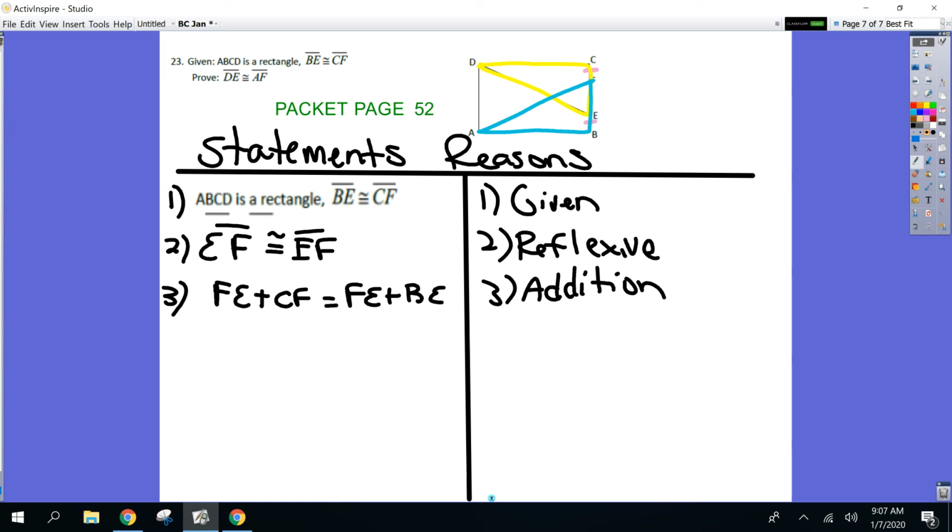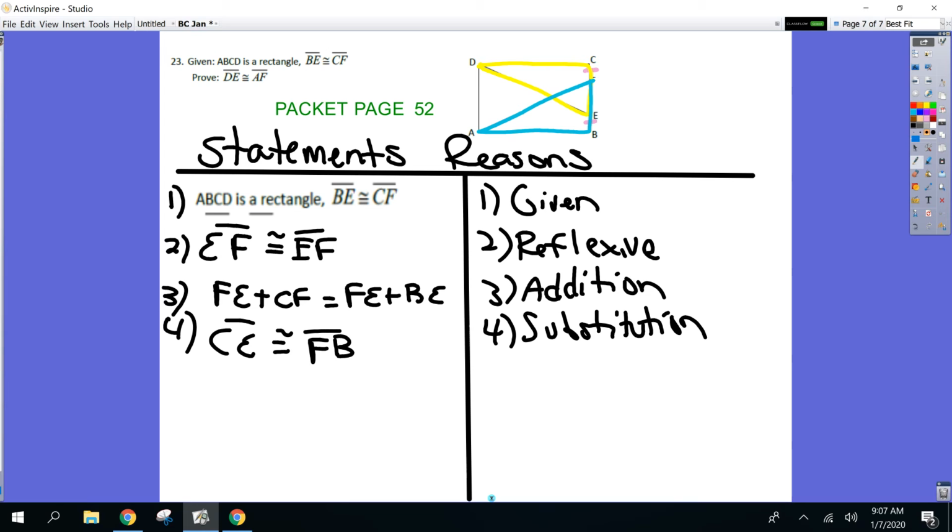And if we do addition, we're throwing down substitution right after to say that the full side, what's my full side here? CE is congruent to FB.